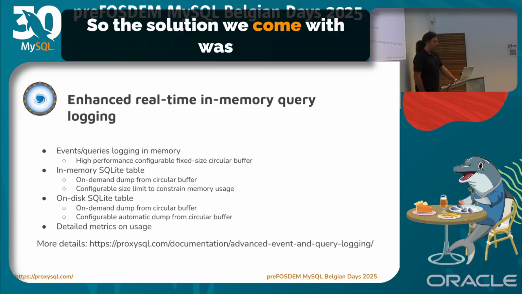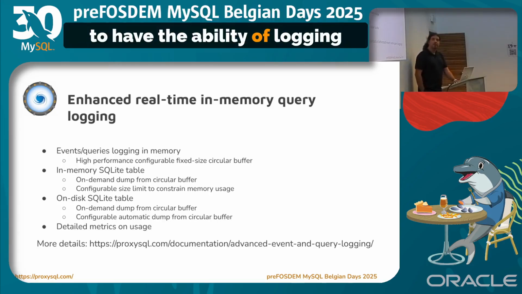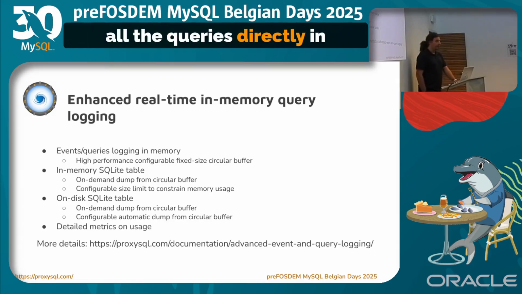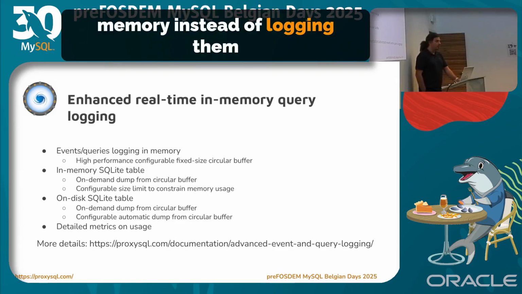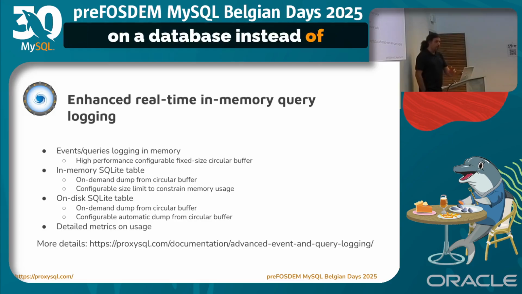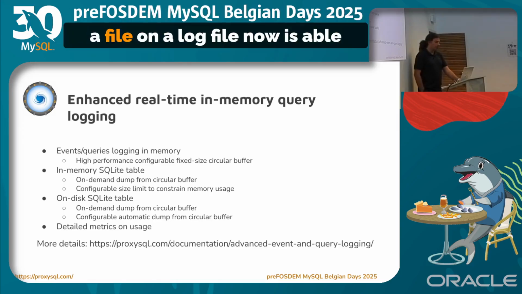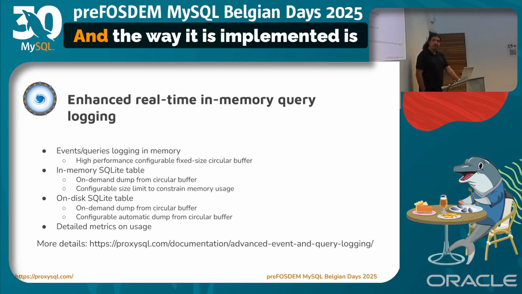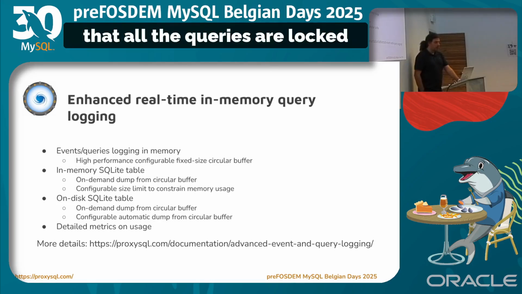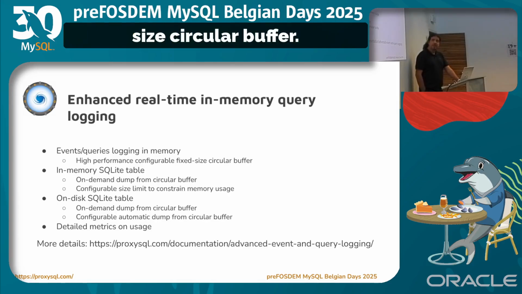So the solution we came up with was to have the ability of logging all the queries directly in memory, instead of logging them in a database, instead of logging them in a file, because historically ProxySQL was already able to log queries in a log file. Now it is able to log queries directly in memory, and the way it is implemented is that all the queries are logged in a fixed-size, configurable circular buffer.